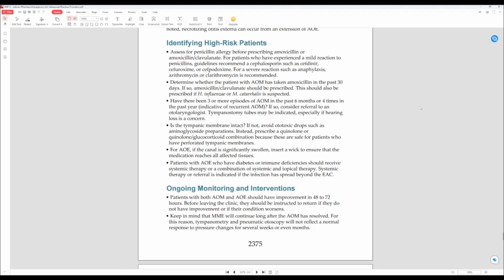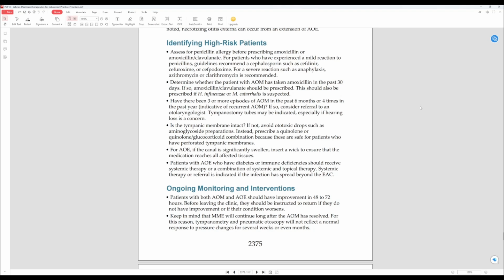Is the tympanic membrane still intact? If not, avoid ototoxic drops. Again, there are aminoglycoside preparations that you should not use. Instead, prescribe a quinolone or a quinolone glucocorticoid combo drug because those are safer for patients that have a perforated tympanic membrane.